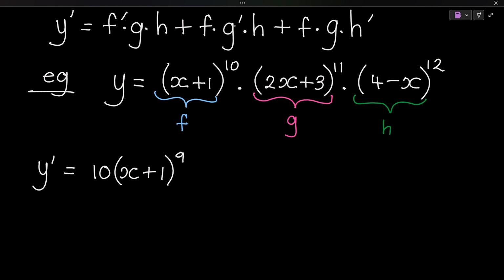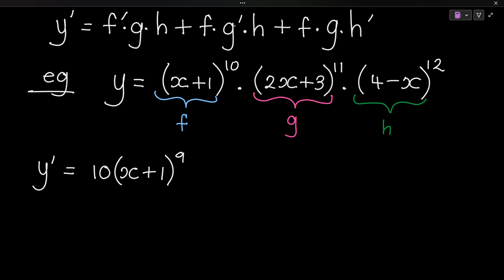Now, I'm actually going to cover the chain rule in the next video, but we do need to apply it here as well. The chain rule tells us that once we've differentiated outside the bracket, we're now going to differentiate inside the bracket. Inside the bracket, we've got x plus 1, the derivative of x is 1, the derivative of 1 is 0. So there's no need for us to write out the 1. So I'm just going to leave this as is.